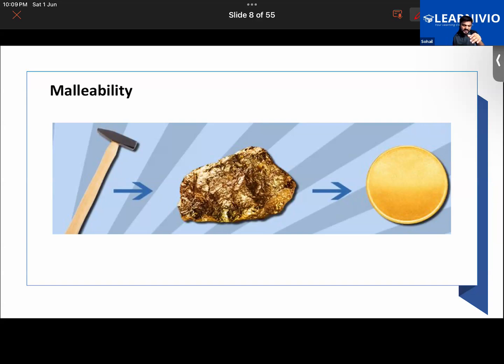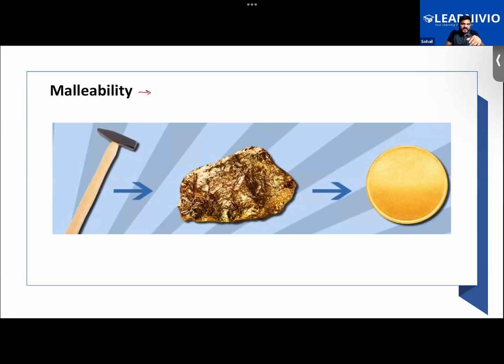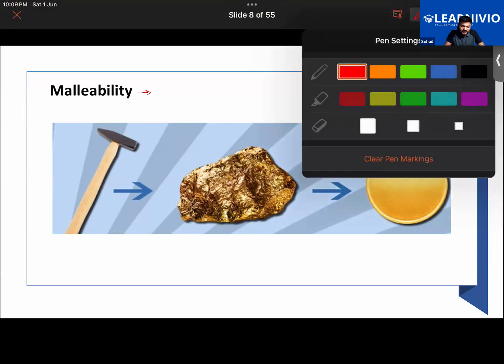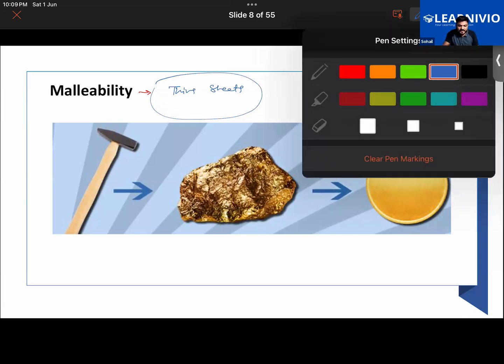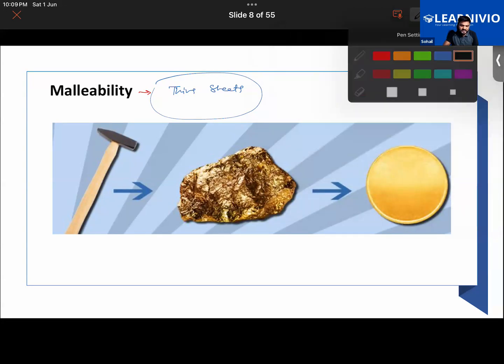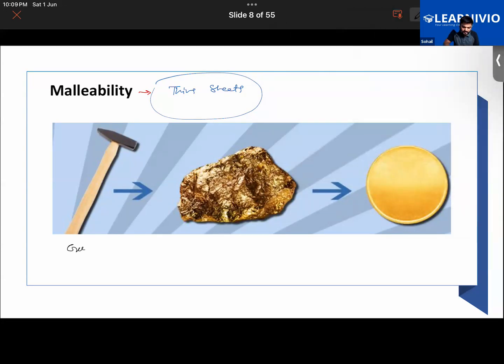No, simply its size will expand and it will convert into a sheet. So the property which allows metals to be hammered into thin sheets, what do we call that? Malleability. Upon hammering, they can be converted into thin sheets. Most of the metals are malleable, and the best examples are gold and silver.